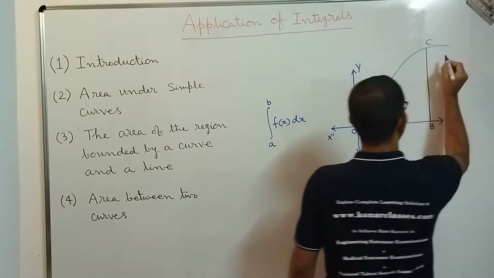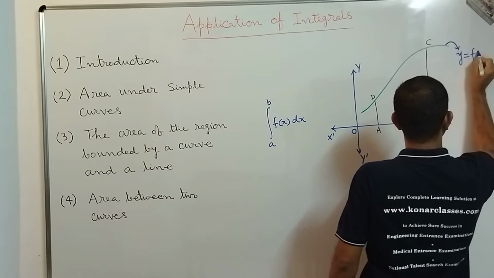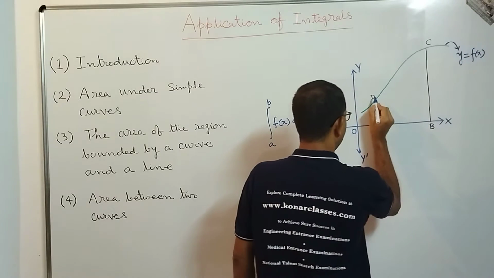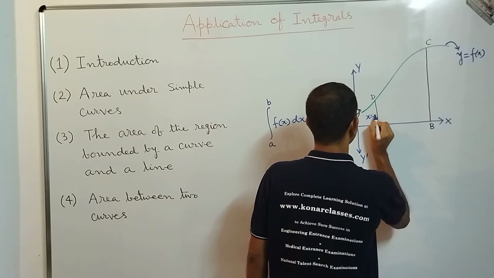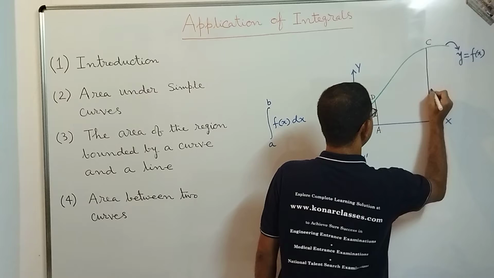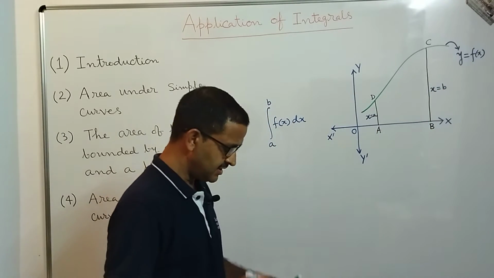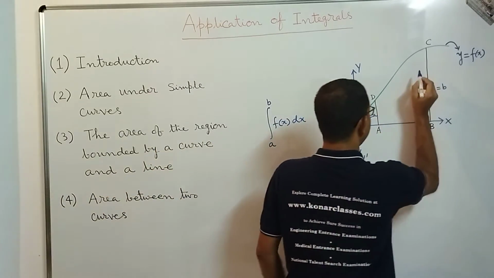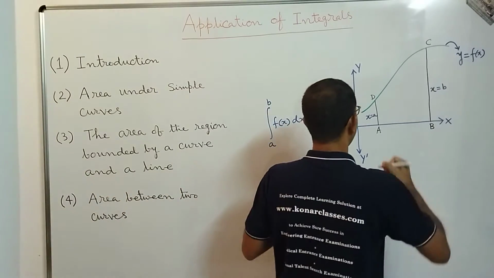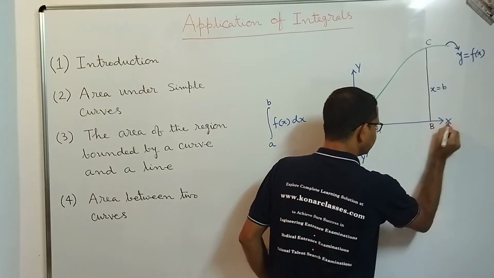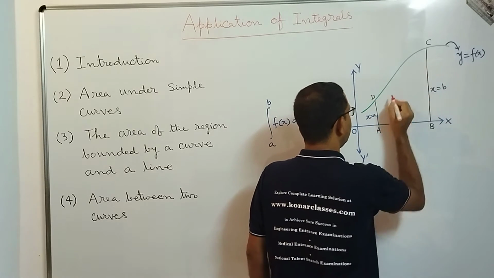So for example, if we assume this is the function y equal to f(x), and the line AD is x equal to a and the line BC is x equal to b, then the area of the region bounded by the curve, the x-axis, and the two lines x equal to a and x equal to b will be what?